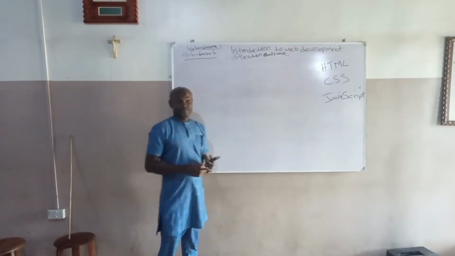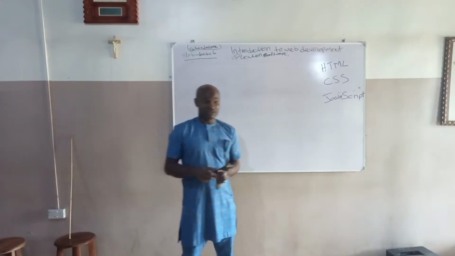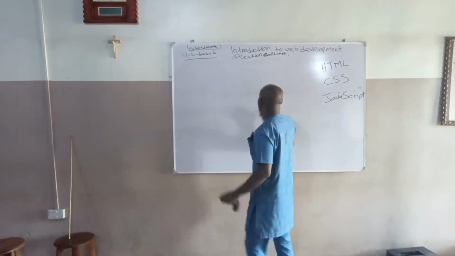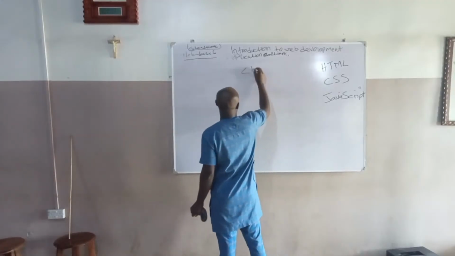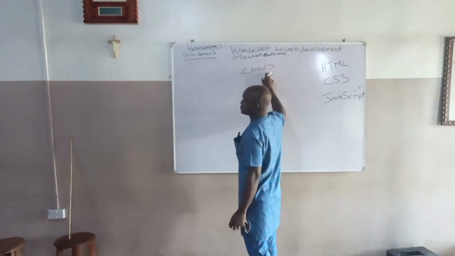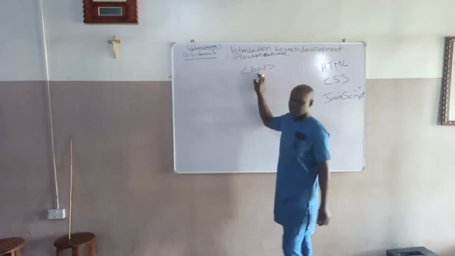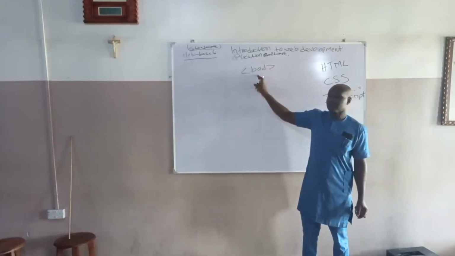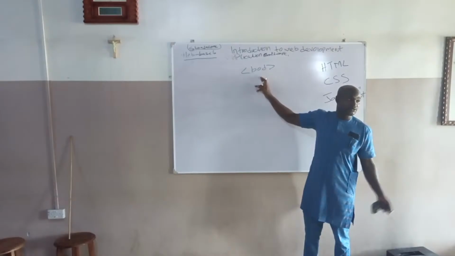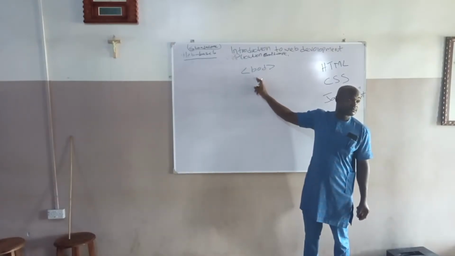Now the body. And that is where we stop, right? Even though we've talked about the body. But let me see just that particular one. This is the body. What is this?